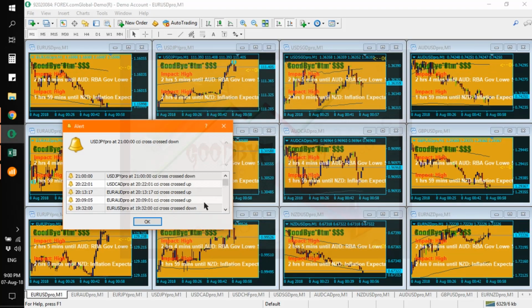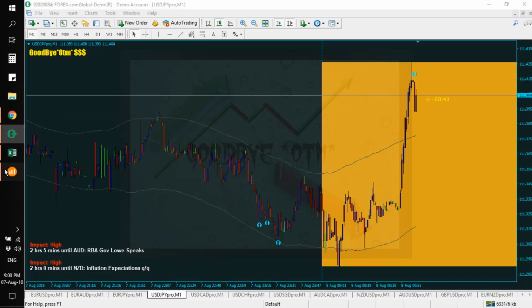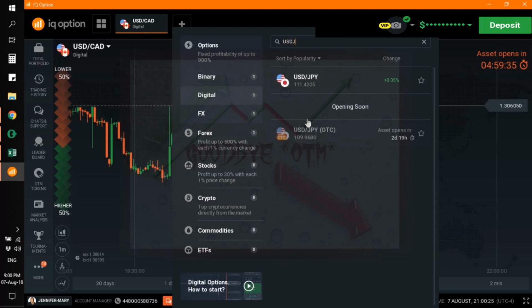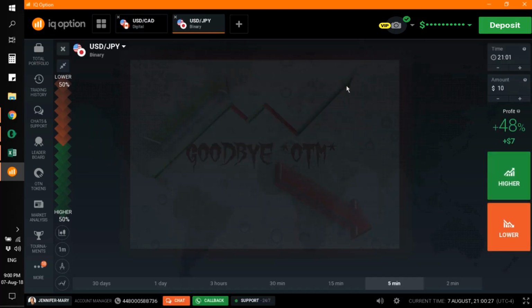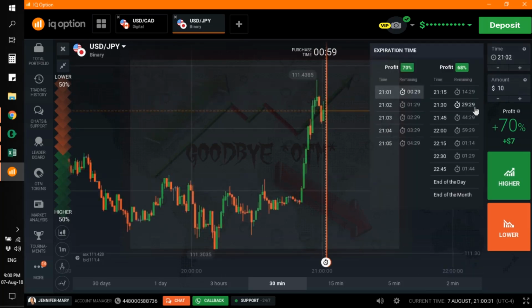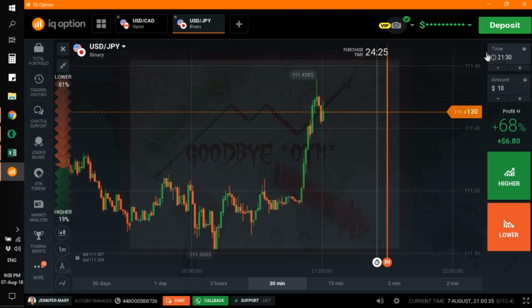So we have received our USD JPY. Let's double check, and yes, it is a very valid signal. So we quickly go and we find USD JPY, and yes, it's a valid signal. So let's take 30 minutes to close the trade, and we'll place a $10 trade.